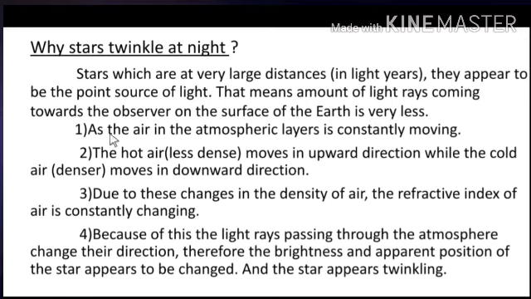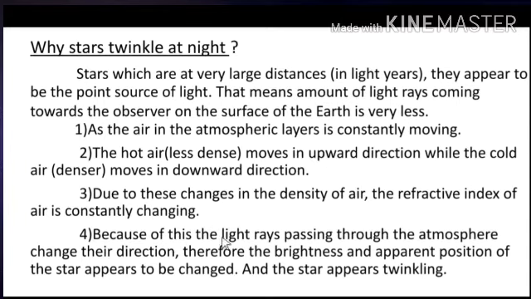Now, as the air in the atmospheric layer is constantly moving, the hot air, which is less dense, goes in upward direction, while the cold air, which is denser, moves downward. Between these phenomena, wind is blowing, due to which the refractive index of the air is constantly changing.